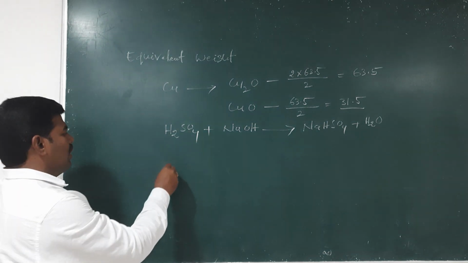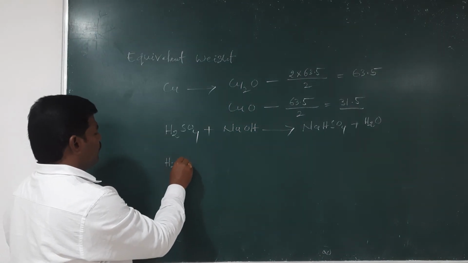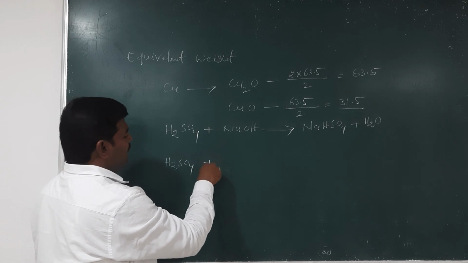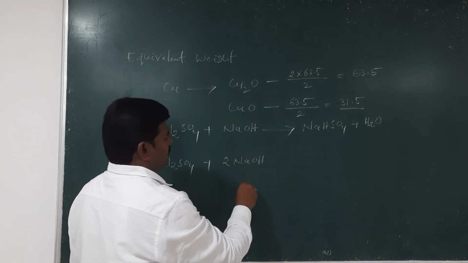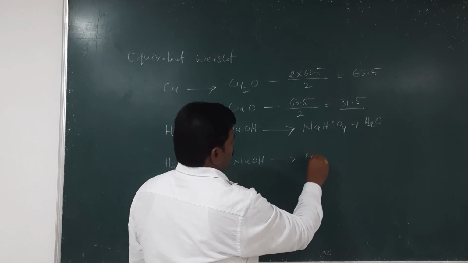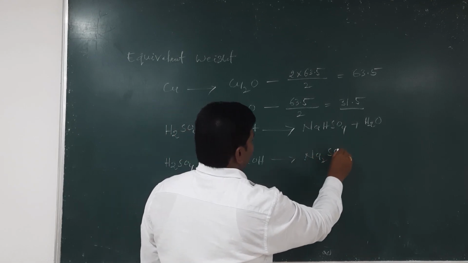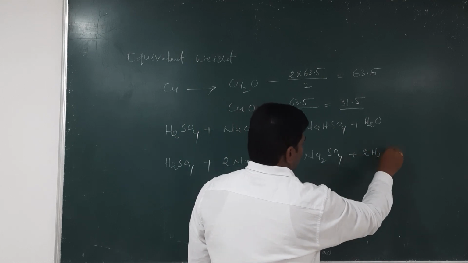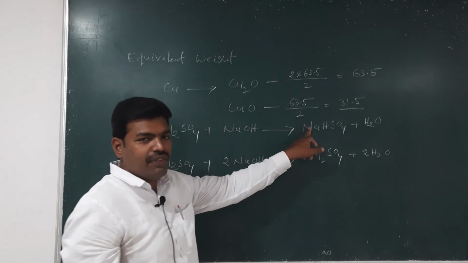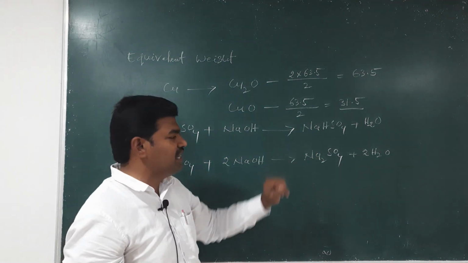Next, H2SO4 combines with 2 moles of NaOH, forms sodium sulfate plus 2H2O. This is sodium bisulfate and this is sodium sulfate.